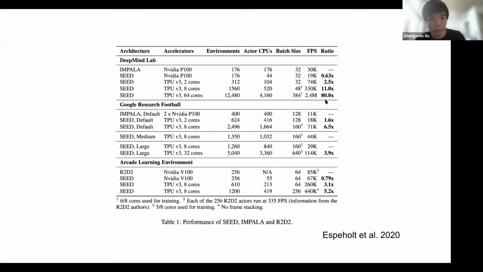Most notably, for this DeepMind Lab environment using the SEED RL architecture, it can achieve about 80 times speedup compared to a single GPU, like an NVIDIA P100, with about 80 CPUs. And for other reinforcement learning environments, they also achieve multiple times speedup. So it's really making the effort to leverage the highly parallel hardware to achieve a much faster training time.